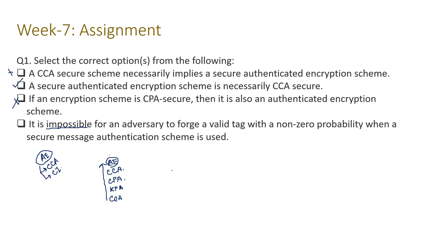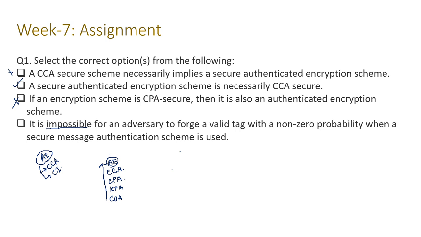We saw about information theoretic secure MAC, right? There we saw that even if the adversary is allowed to have unbounded computational power, the adversary should not be able to win except with negligible probability.